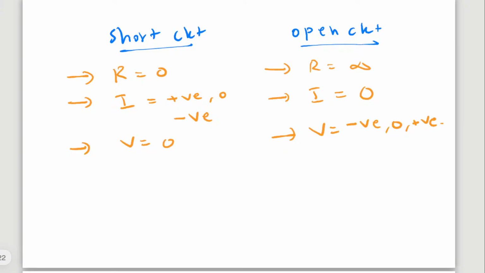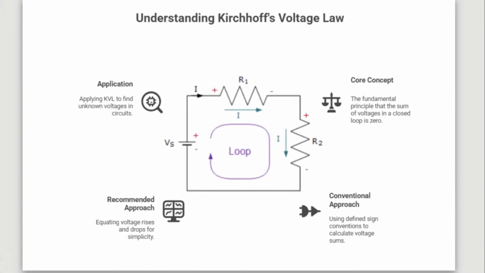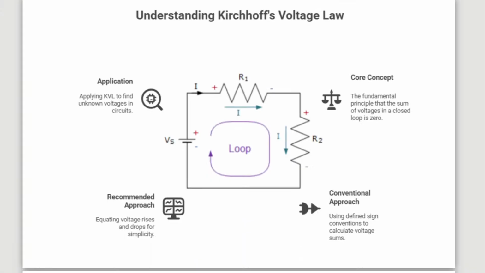Okay. So I will be going to the next topic here. The next topic is a core topic, very important in network analysis. That is understanding Kirchhoff voltage law, KVL.